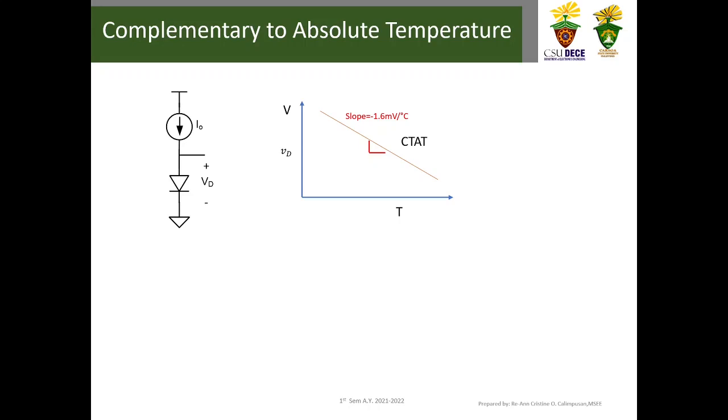The voltage at the diode will form a CTAT voltage, wherein as you increase the temperature, the voltage will decrease.